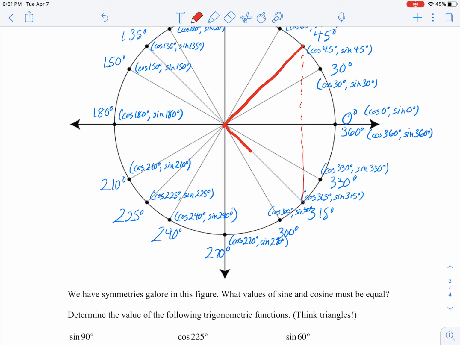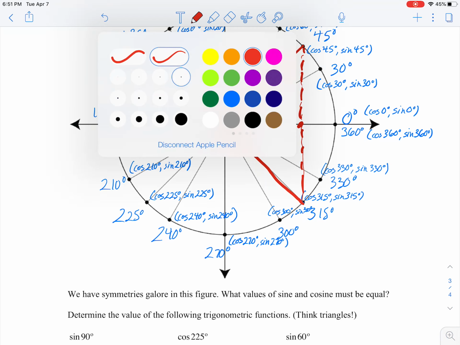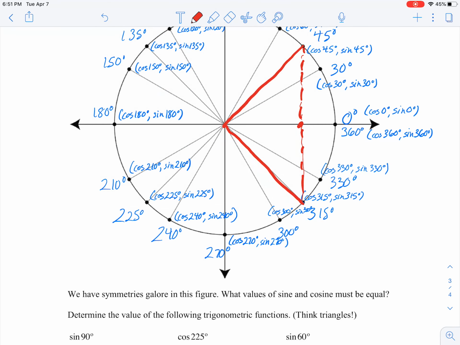Okay, so because these two have a common x coordinate, what we can say is that the cosine of 45 degrees must equal the cosine of 315 degrees. And we can identify some other relationships.